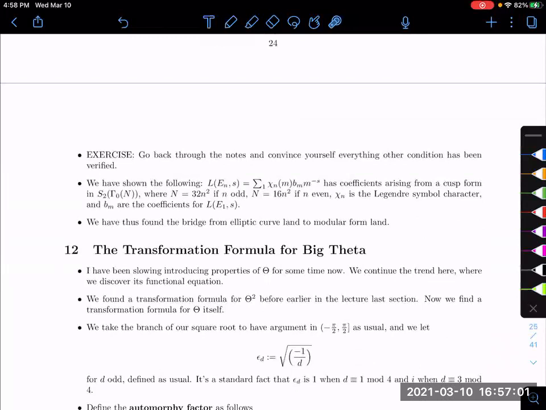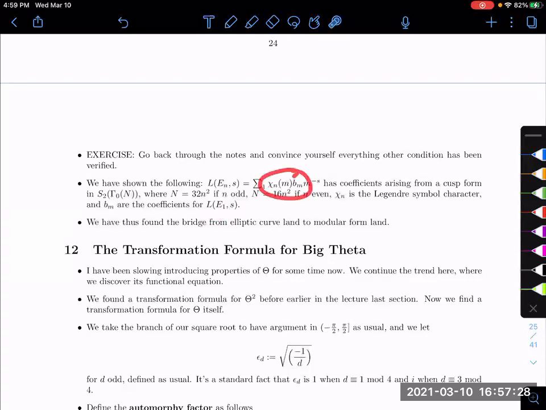It tells us the following. The L function of our congruent number elliptic curves, which is given by the sum from m equals 1 to infinity, chi sub n of m, where chi sub n is a Dirichlet character of conductor m, and it is the Legendre symbol character, if you go back and look, B sub m to the negative s, where B sub m are the coefficients of the L function of E1.